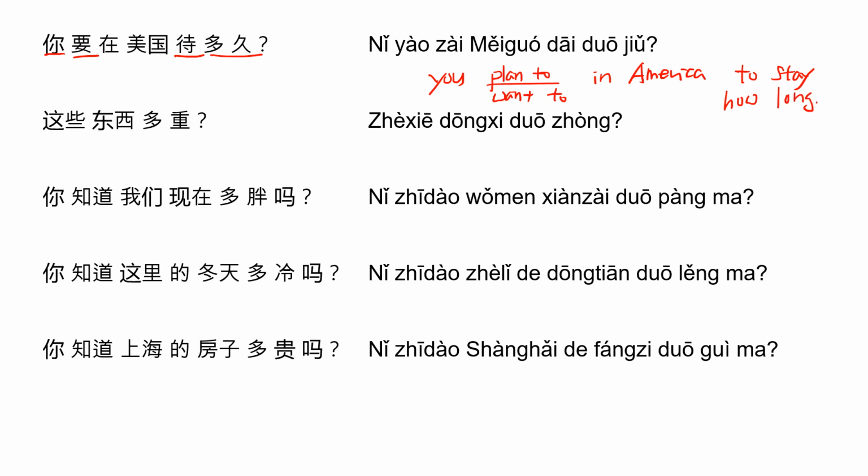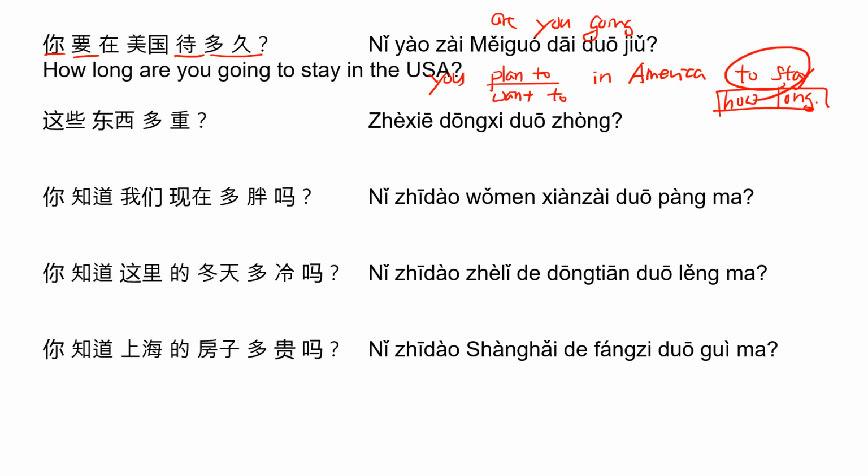And in a question, you need to say how long do you plan to, or do you want to, or how long are you going to stay in America? How long? 多久? Are you going to stay, 待, in the USA? 在美国. So 你要在美国待多久? How long are you going to stay in the United States of America or in America?